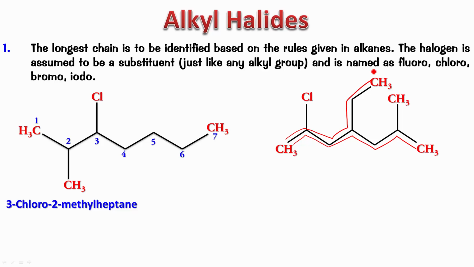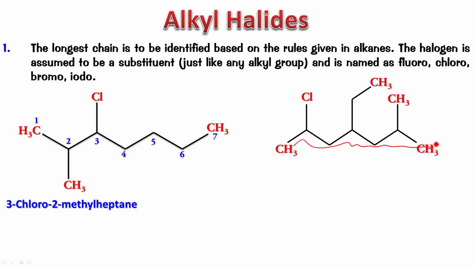That doesn't work. So 5 doesn't work. So I think it's going to go for 7 again. So in this particular case, we are going to have this as the parent chain.